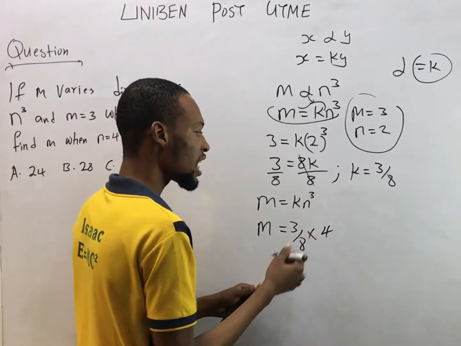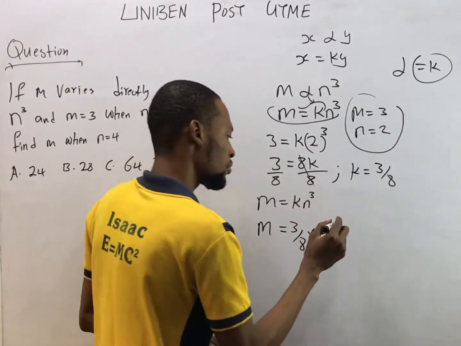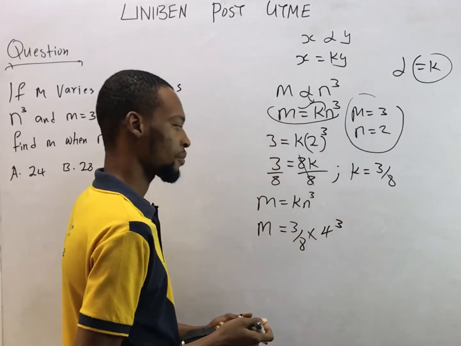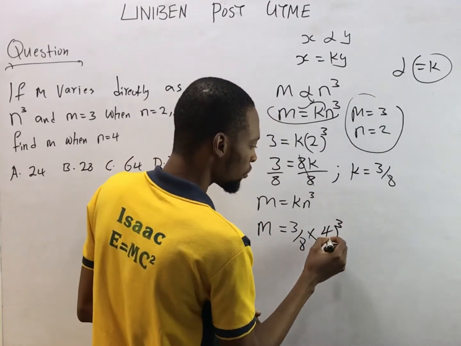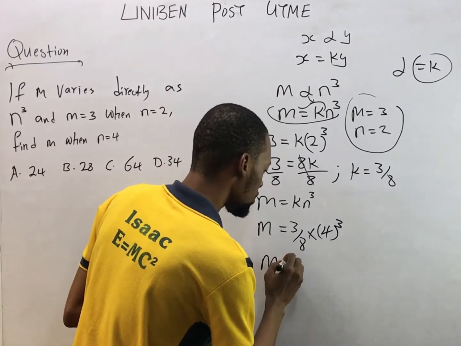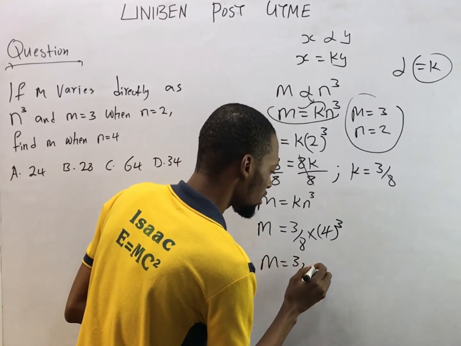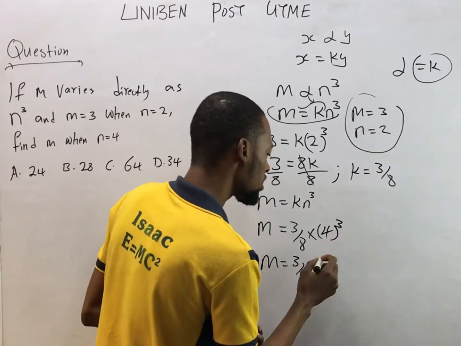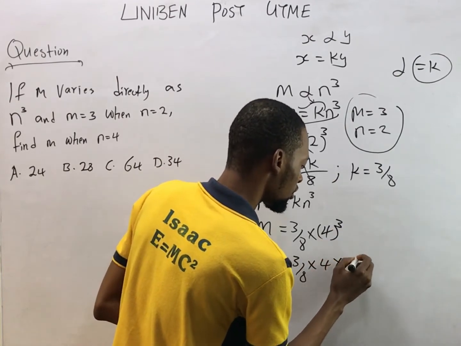But this 4 this time is raised to the power of 3. So 4 raised to the power of 3. Or you can do it this way. Then you solve. M is equal to 3 over 8 times 4 raised to the power of 3, which is 4 times 4 times 4.